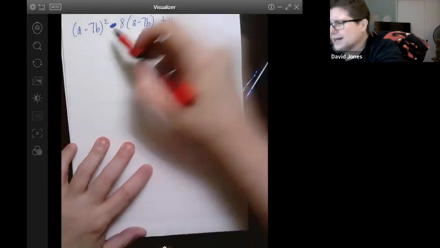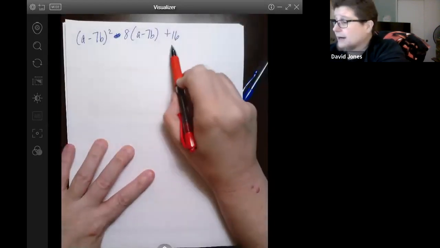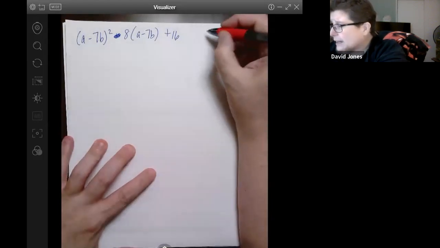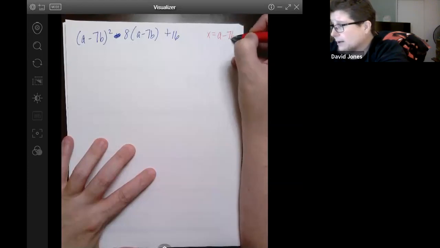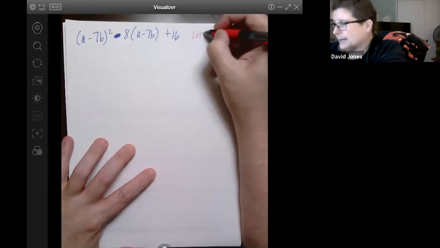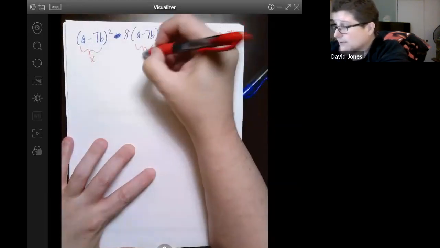Well, notice I've got something squared and something to the first power and something without. What if I say x equals a minus 7b? So let's let x equal that. Then I can replace this with x and this with x.